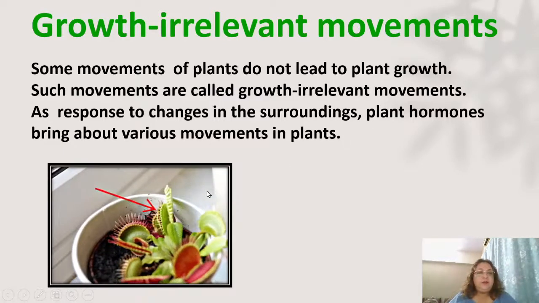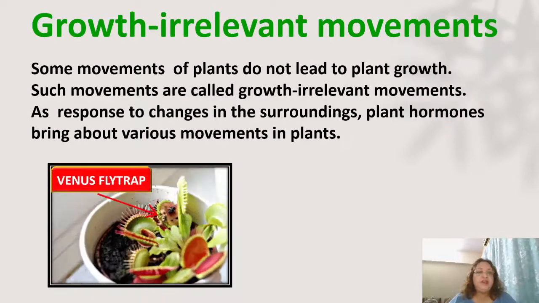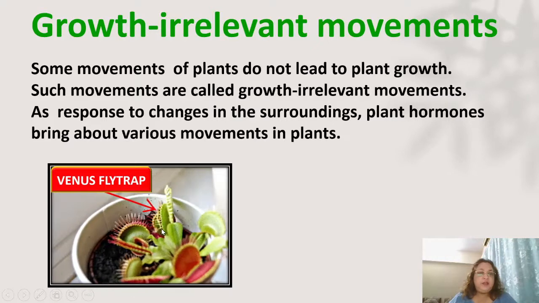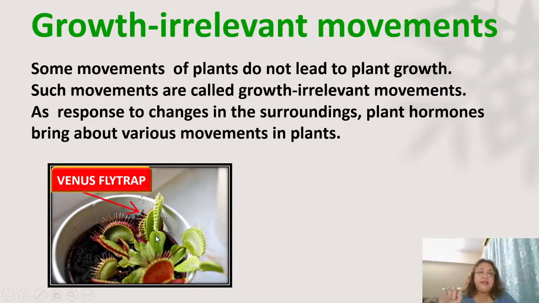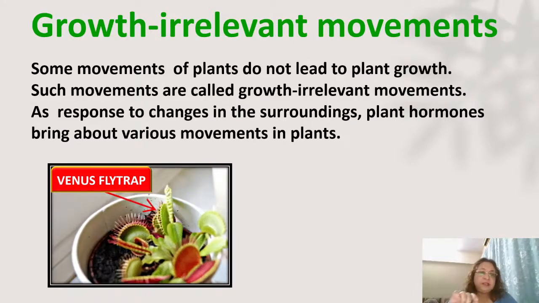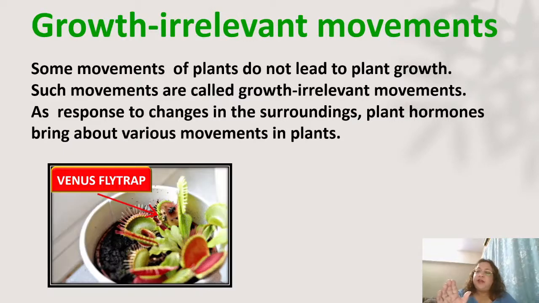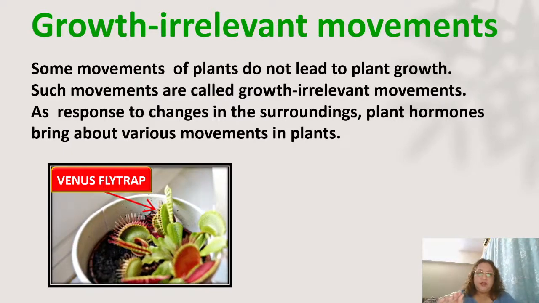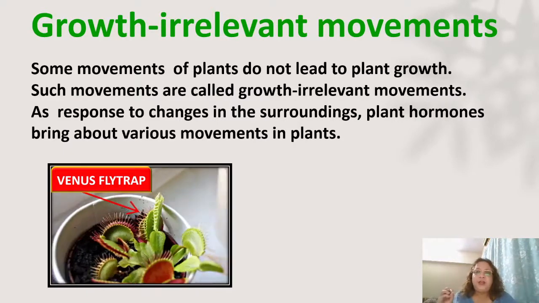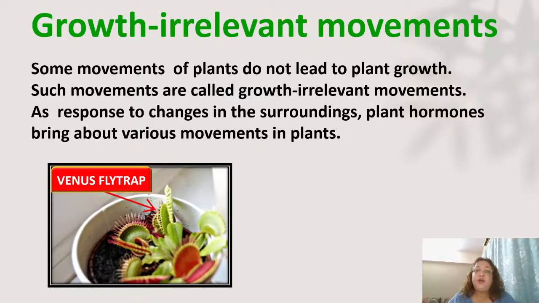Now, for example, you can see the plant here called Venus flytrap. The minute an insect comes over there and touches those thorny little parts around, you will find the Venus flytrap closing to trap its prey. Now this is not dependent on growth.